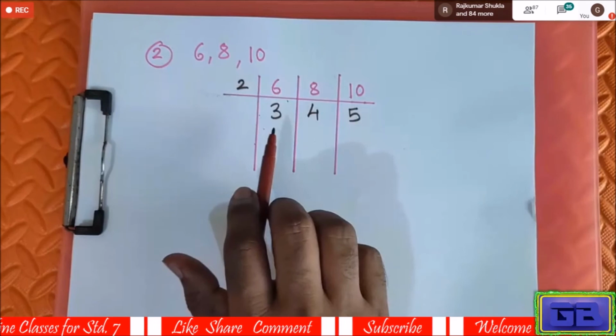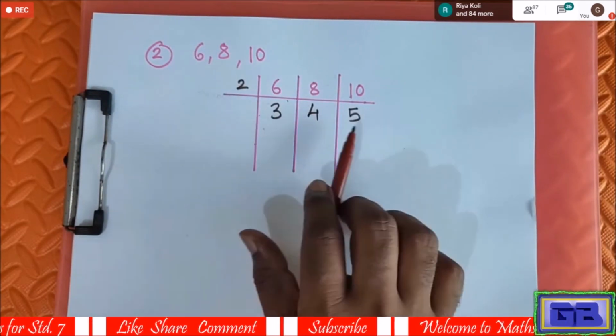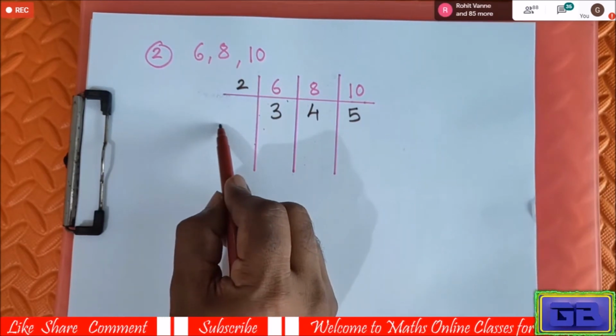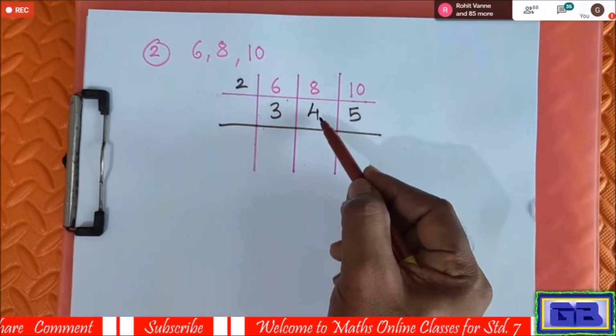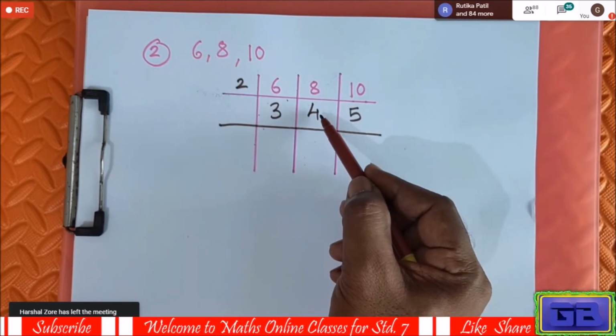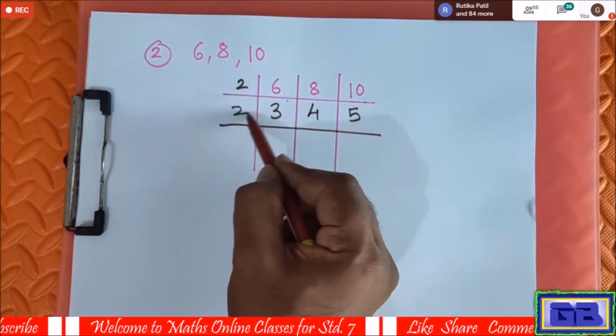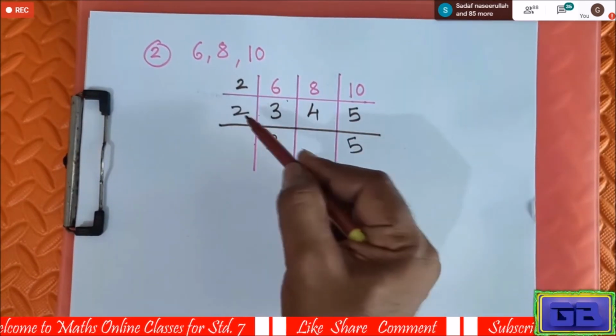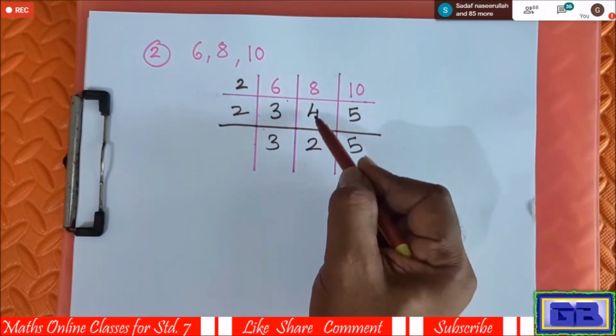Again see, I said if we get prime numbers, don't do anything with prime numbers. Only you have to see what is a composite number and which is divisible by 2. So take here 2. 3 we have to take as it is, 5 we have to take as it is. Only 4 becomes 2.